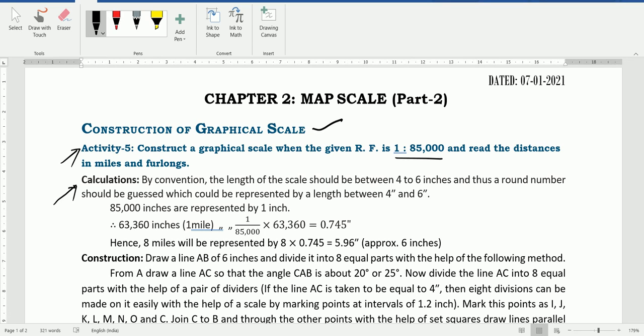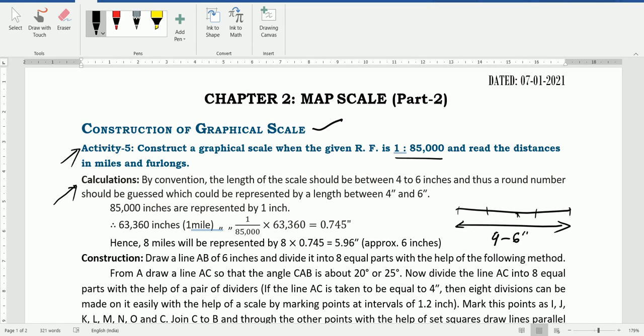In general, the length of the linear scale, for example, this is the linear scale, must be between 4 to 6, maximum 6 inches, minimum 4 inches. So this is the rule.